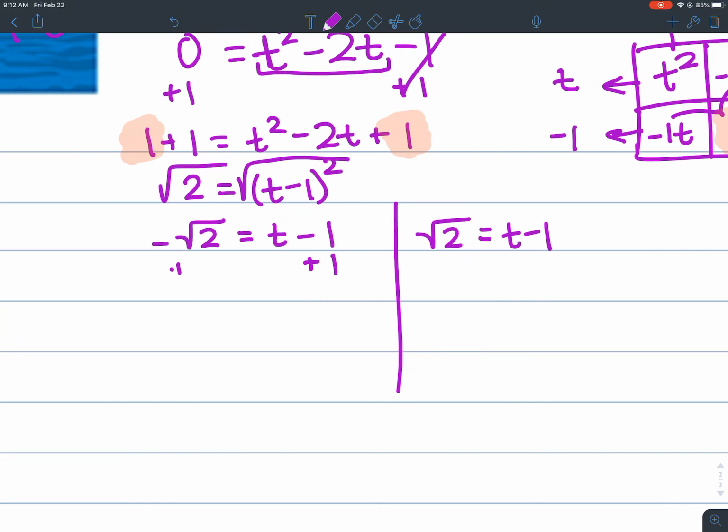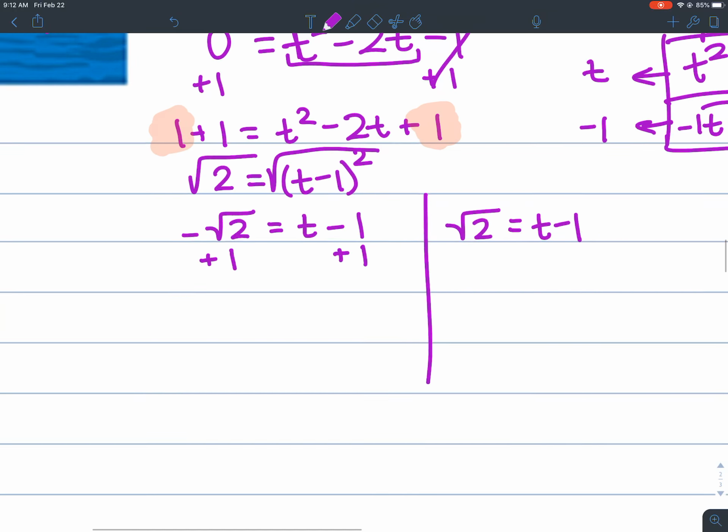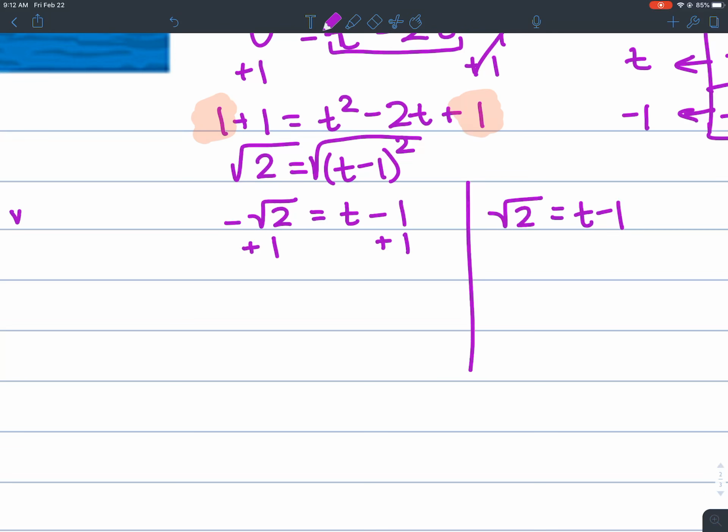So if I add 1 and I add 1, I'm going to use a calculator and figure out what is the square root of 2. So it's roughly 1.4. So this is kind of like negative 1.4 plus 1. So this is roughly negative 0.4.